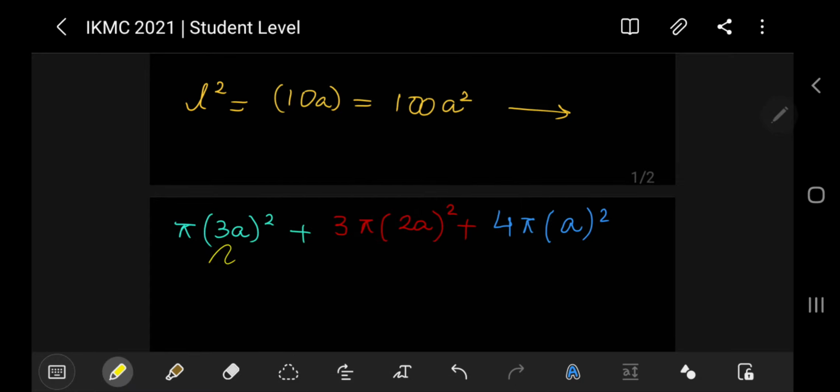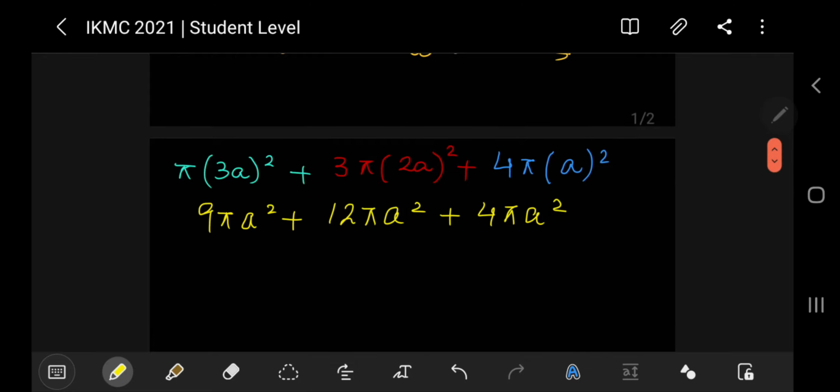So it's 9 pi a squared plus 12 pi a squared plus 4 pi a squared, and it ends up being 25 pi a squared. This is the total shaded area.